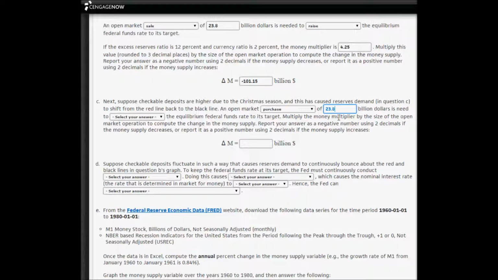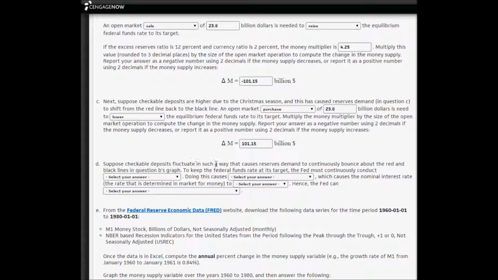So the open market purchase of $23.8 billion lowers the equilibrium federal funds rate to its target of 2.2%. If we multiply the size of the open market purchase by the money multiplier, we get $101.15 billion.